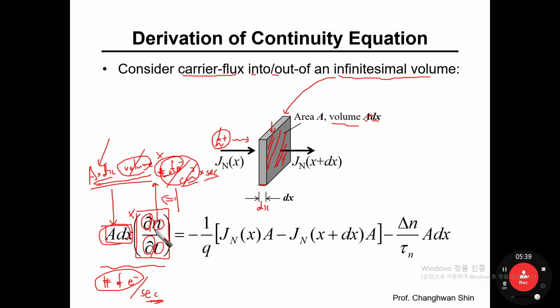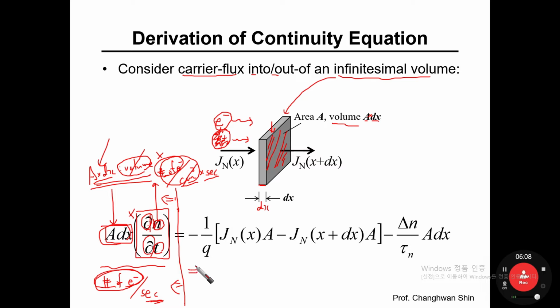In this case I use n, so the electron is moving. Just to sync with this equation, I'm going to use the electron as a carrier. So on the left hand side, A dx times dn/dt indicates how many electrons are getting in and out every single second.